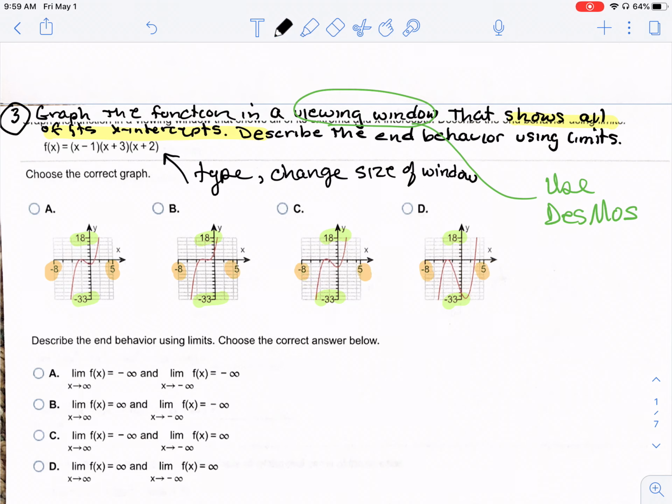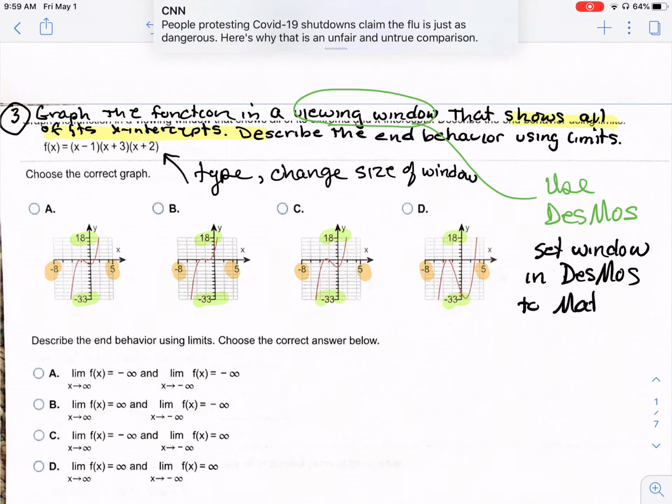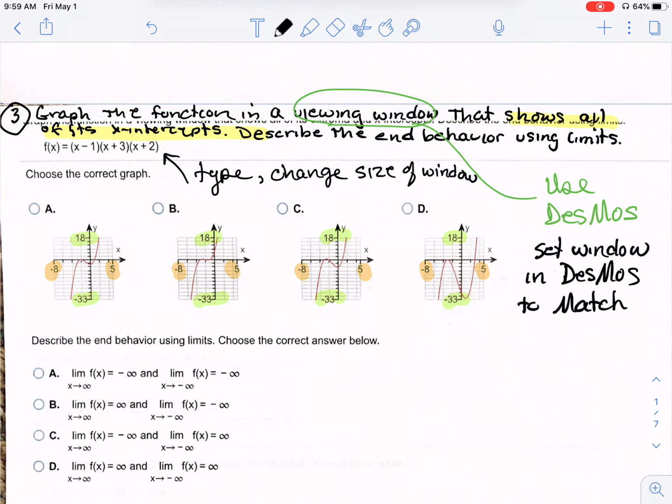So what I would do is in Desmos, you're going to set your window to match your choices. And from there, you should be able to spot the one that you need.